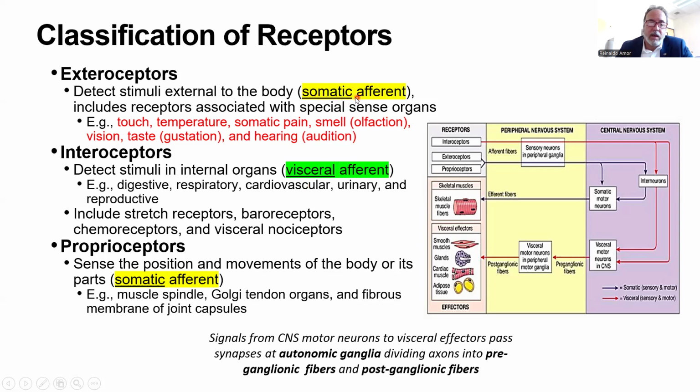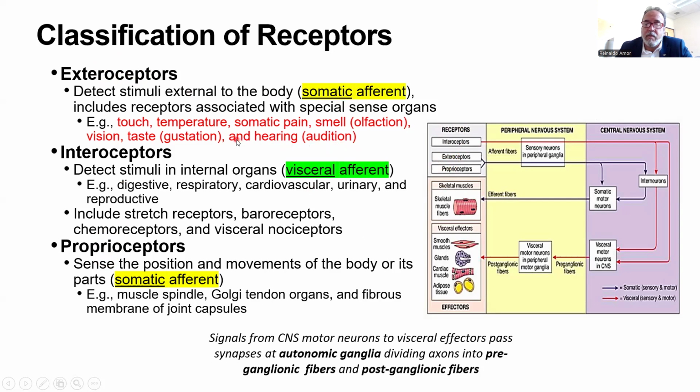In somatic information, it's involving exteroceptors and proprioceptors. And I was explaining that receptors are part of sensory neurons, and their function is to monitor the environment.